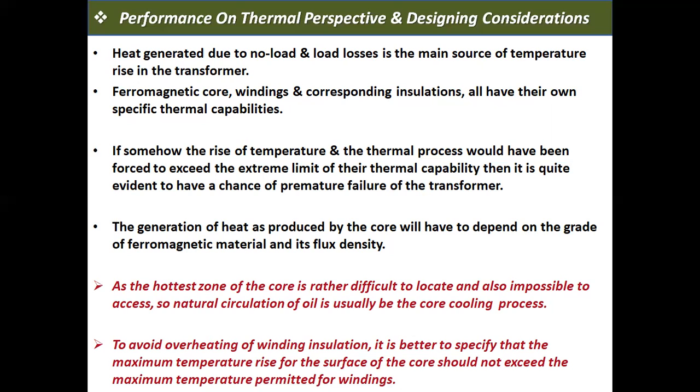To avoid overheating of winding insulation, it is better to specify that the maximum temperature rise for the surface of the core should not exceed the maximum temperature permitted for windings.